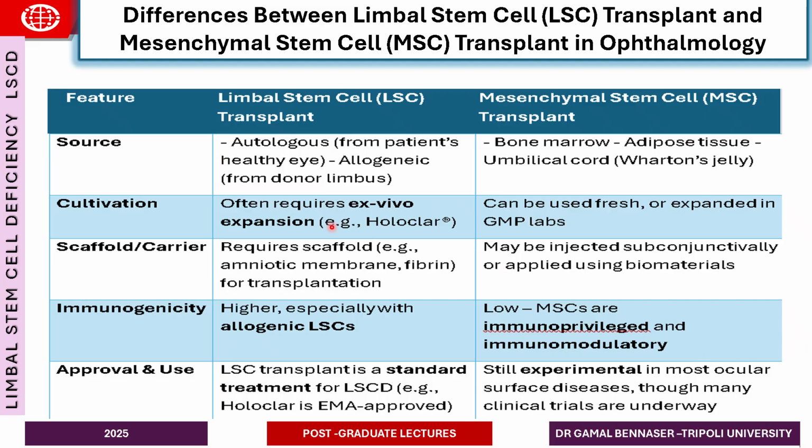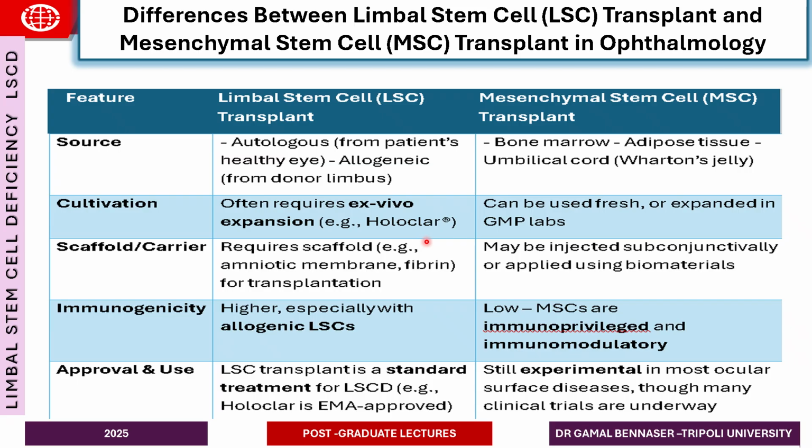Now, as far as culture, the limbal stem cell can be grown in the lab, known as ex vivo expansion or the Lr-CLAL that we have mentioned before. However, the mesenchymal stem cells can be used fresh without any culture. One of the main advantages of the mesenchymal stem cells is that they have an immunological modulator effect.